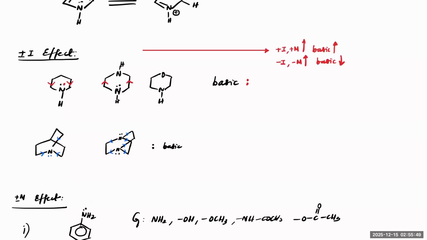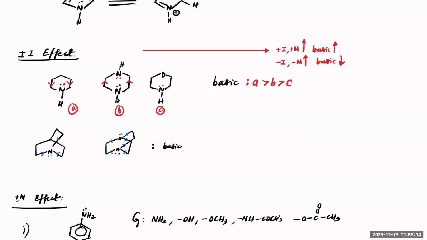So if we compare the basic character here, the lone pair present here, if I have A, B and C, then you will notice that A is greater than B is greater than C. Why? Here oxygen is a stronger withdrawing group than nitrogen. Do not think just because there are multiple lone pairs here, that means it is more basic. No, no. That's not the way we look at it.